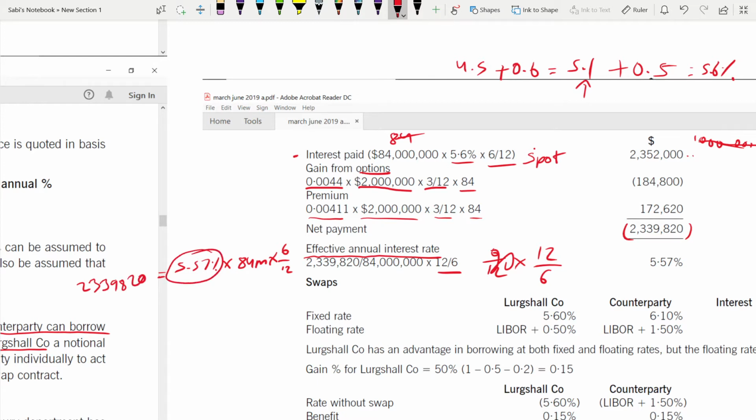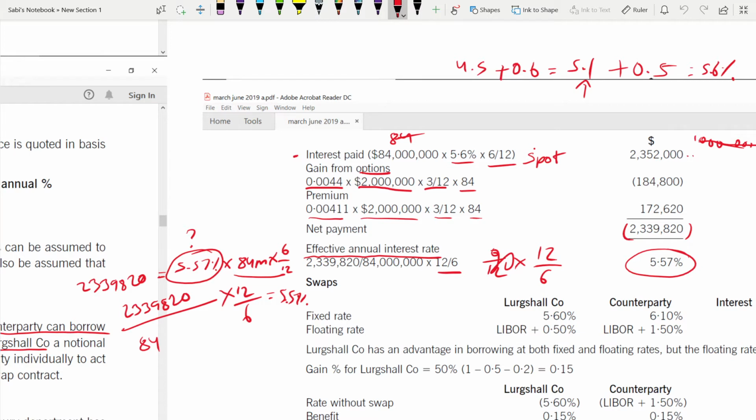This is the amount which you have to find, so let's put a question mark. Now bring everything to this side. Multiplication becomes division on this side, so divide by 84. And the 6 over 12, if you bring it this side, will be the reciprocal, 12 divided by 6. So you have to get 5.57 percent. That's the reason you are reciprocating it. Whenever you have to find the effective annual interest rate, it is reciprocal. It is for 6 months, so it will be 12 over 6, not 6 over 12.